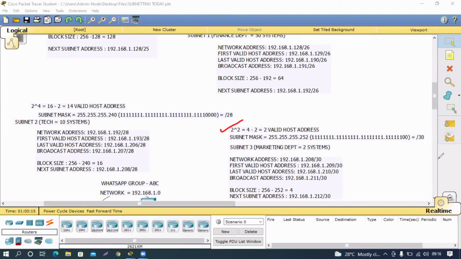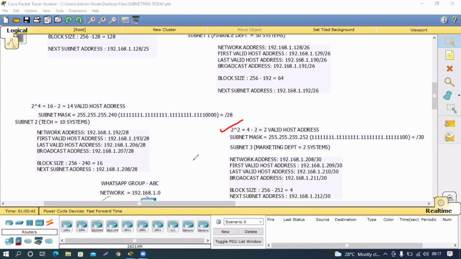And then our next network address will be the next subnet address 192.168.1.208/30, and after that the block size will be 256 minus the ones we have added, that will be 252.